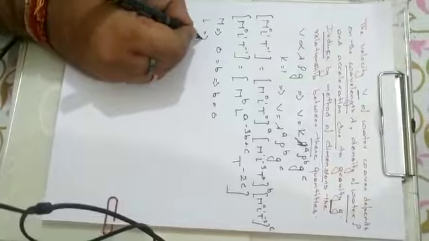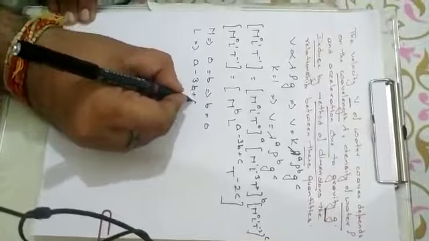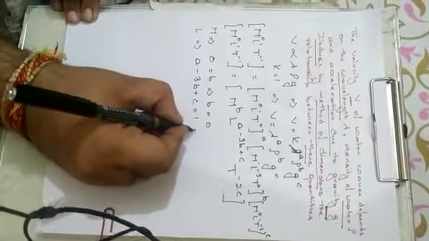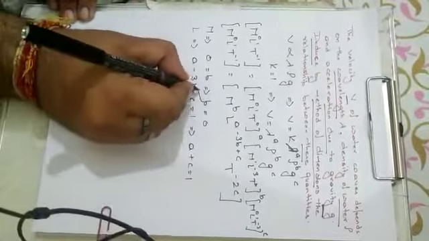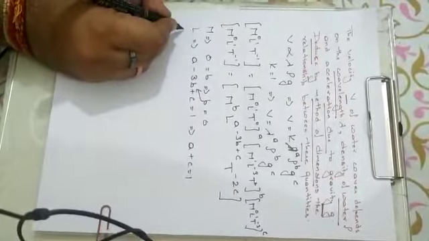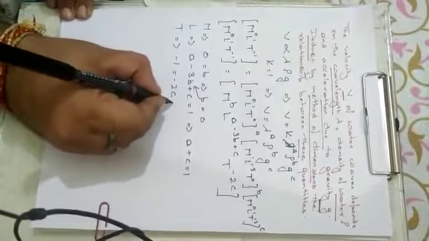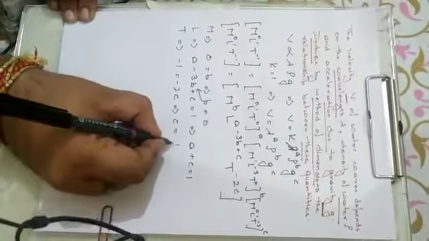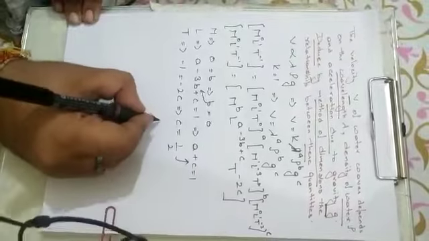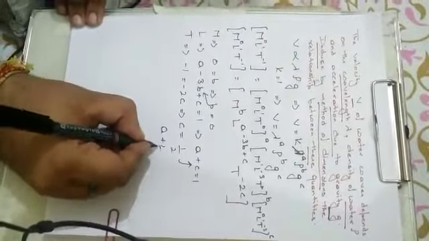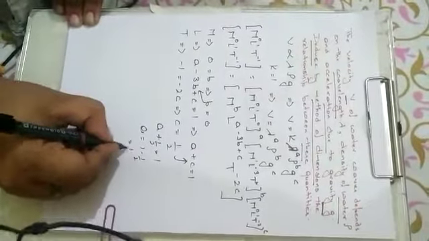For L, a - 3b + c is equal to 1, or a + c equal to 1 when we substitute b = 0. And for T, -1 is equal to -2c, so c is equal to 1/2. Now if c is 1/2, then a + 1/2 is equal to 1, and a will be 1 - 1/2 = 1/2.